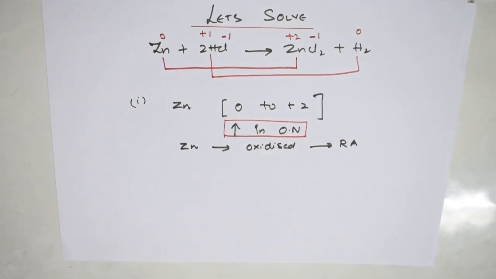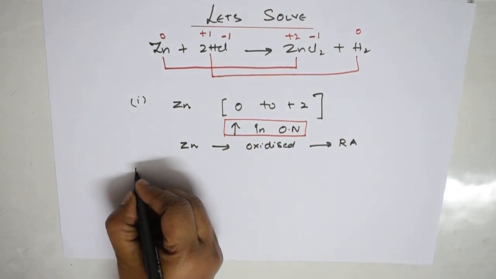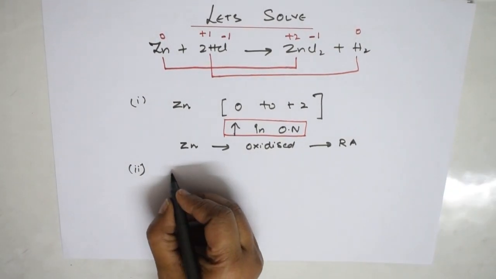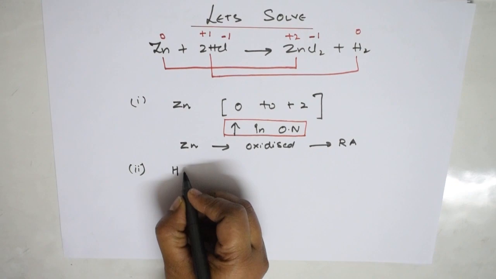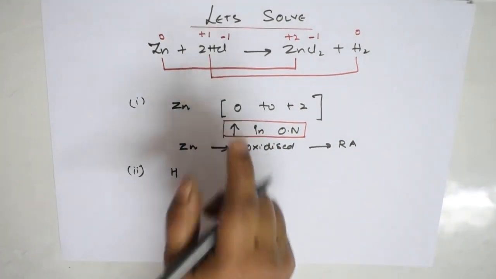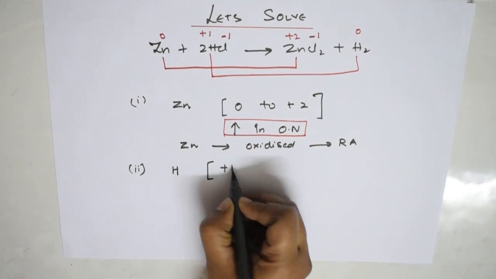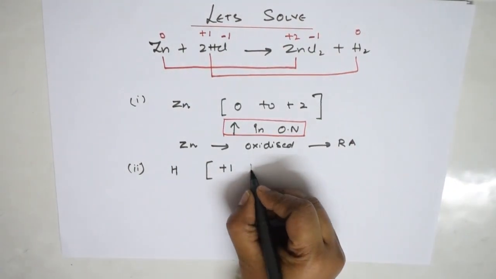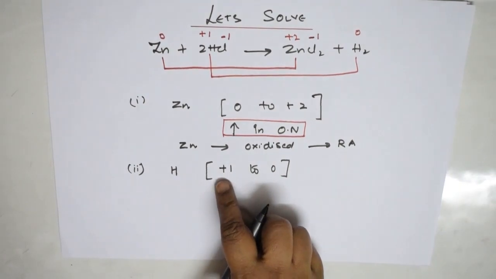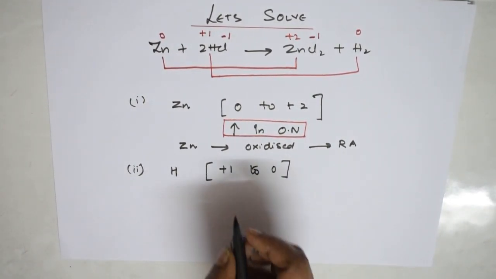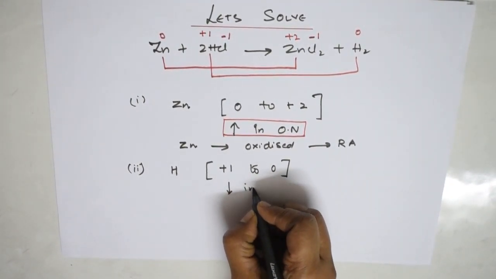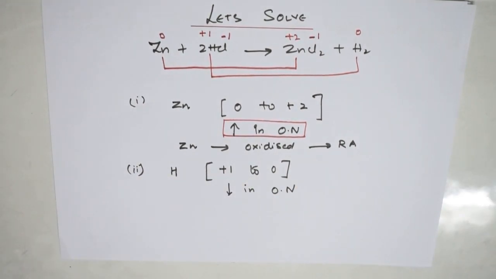Let's see one more. In the next case, let us talk about hydrogen. In HCl, this hydrogen goes from +1 to 0. So +1 to 0 means there is a decrease in oxidation number.